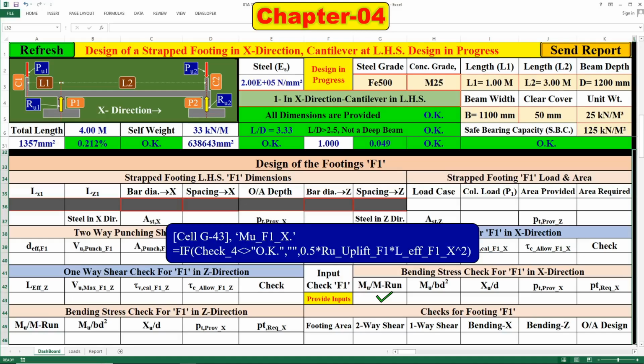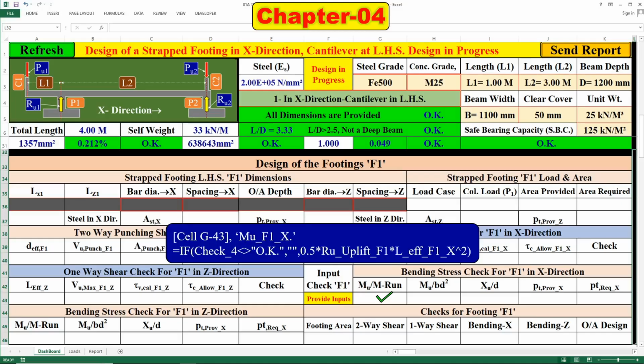Here, we will calculate the value of the ultimate bending moment per meter run for footing F1 in the X direction. You may ask, why bending moment per meter run? Yes, because we considered the width of the footing as 1 meter as per standard practice.